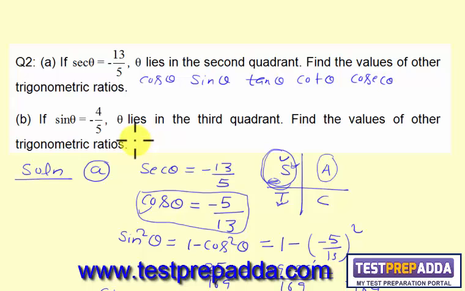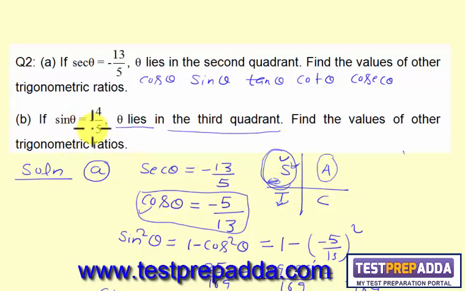Again, you have to find cos theta, tan theta, cot theta, cosec theta, and sec theta. The important point here is theta lies in the third quadrant, and please note in the third quadrant only tan and cot, these two trigonometric ratios, are positive, rest all are negative.